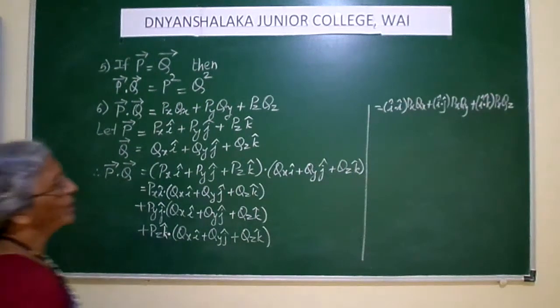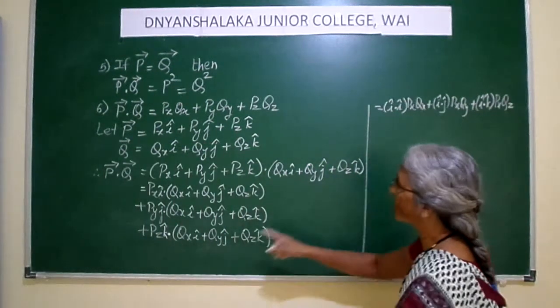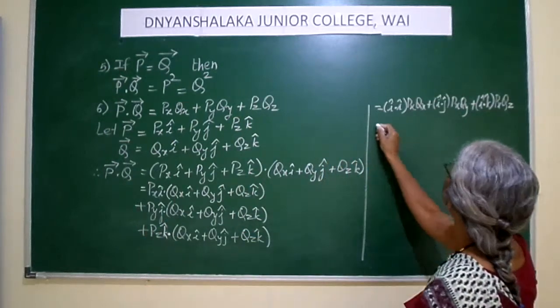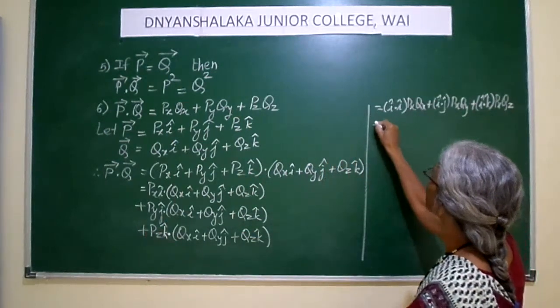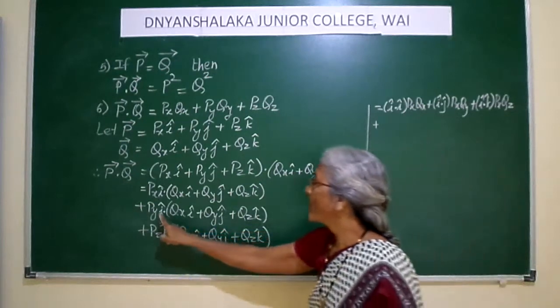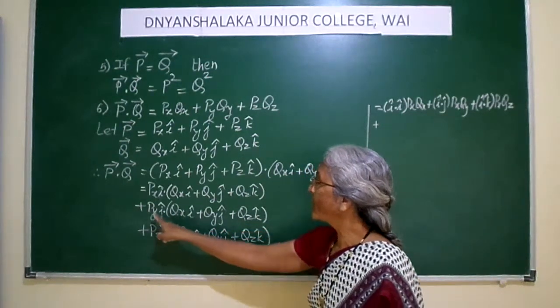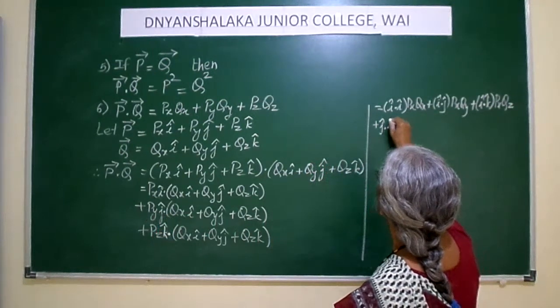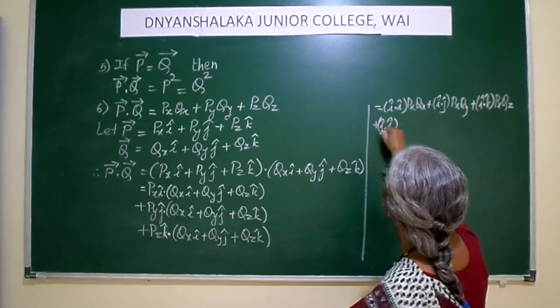Okay, so what would be the remaining products? Plus, this I have got plus, next term will be vector j dot vector I into Py Qx, vector j dot vector I into what?